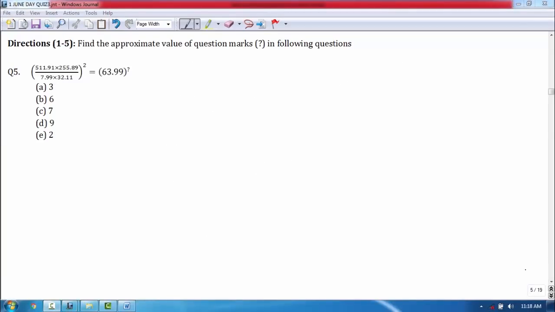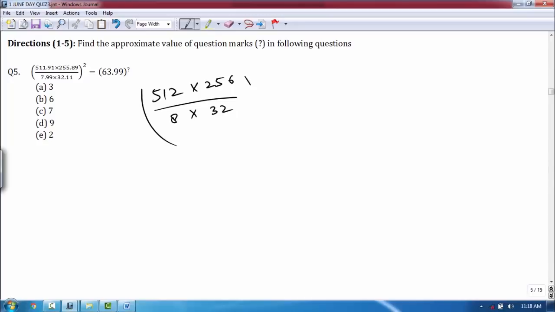511.91 into 255.89 upon 7.99 into 32.11 to the whole square is equal to 63.99 to the power question mark. So we get 512 into 256 upon 8 into 32 to the whole square is equal to 64 to the power question mark. So 32 divides 256 by 8.